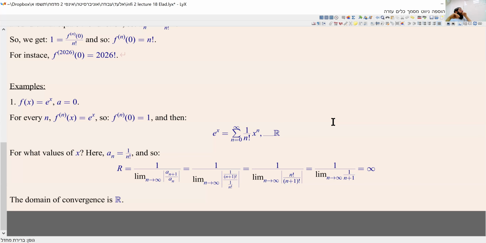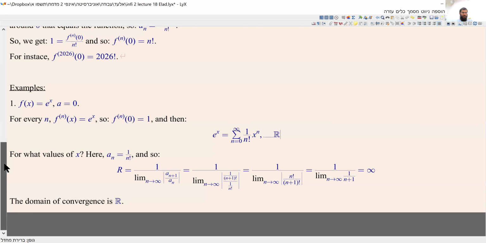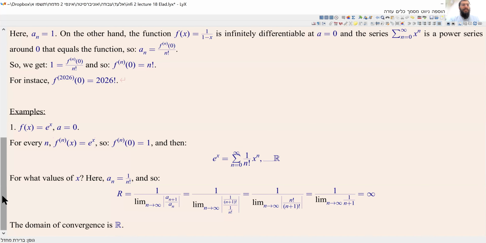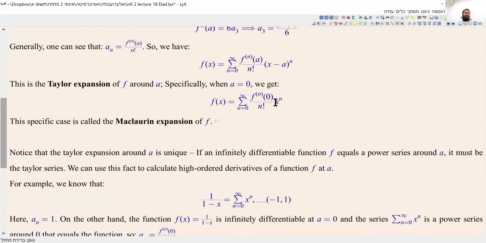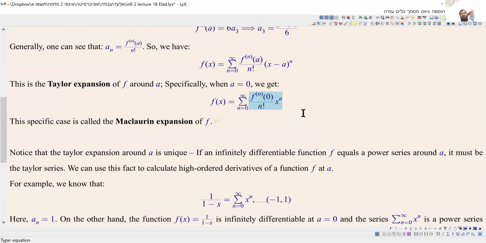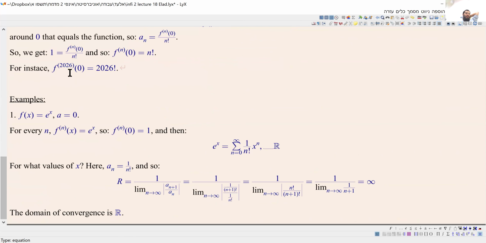When you perform the sum, it's 1 over n factorial, which is how every Taylor series is: the nth derivative above n factorial. Specifically, when it comes to e to the power of x, all the derivatives are just one. So we are left with one above n factorial.